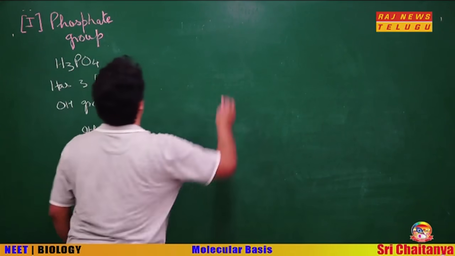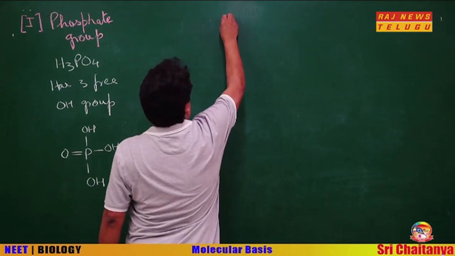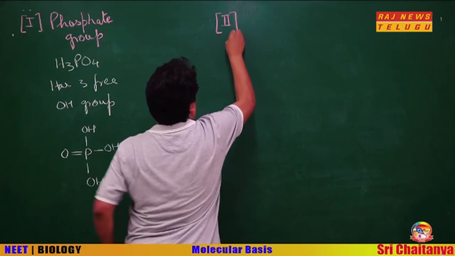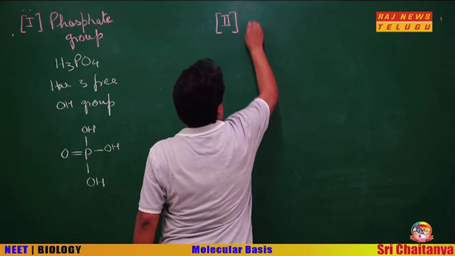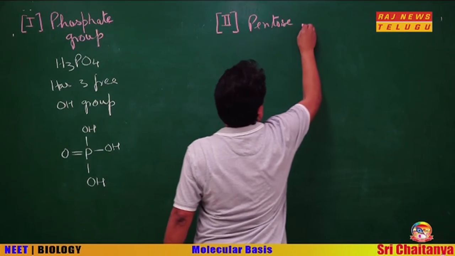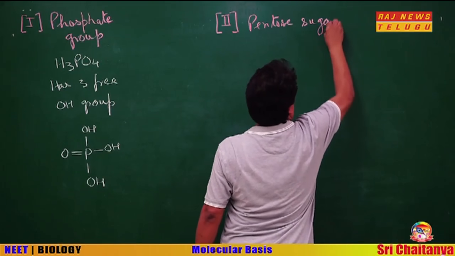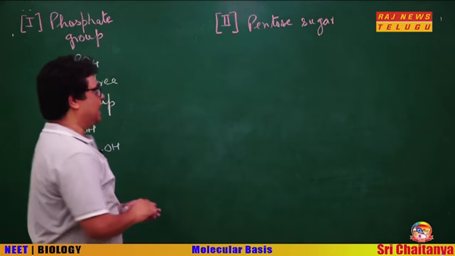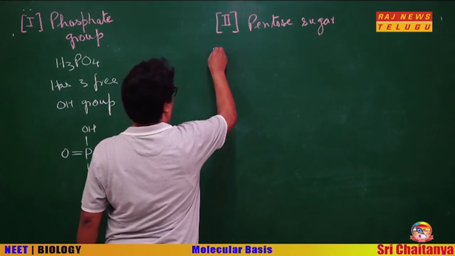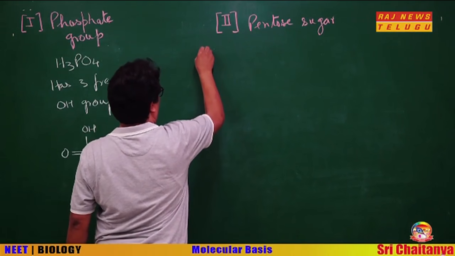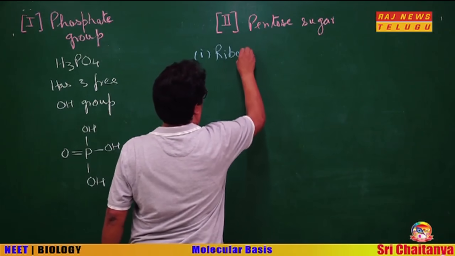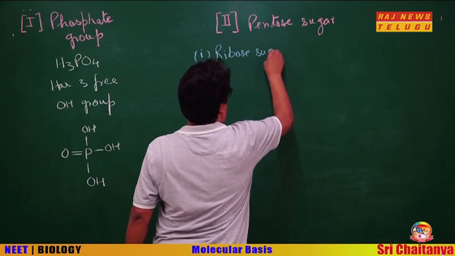Then second, pentose sugar. Second is pentose sugar. As I said, pentose sugar is of two types. First, ribose sugar.